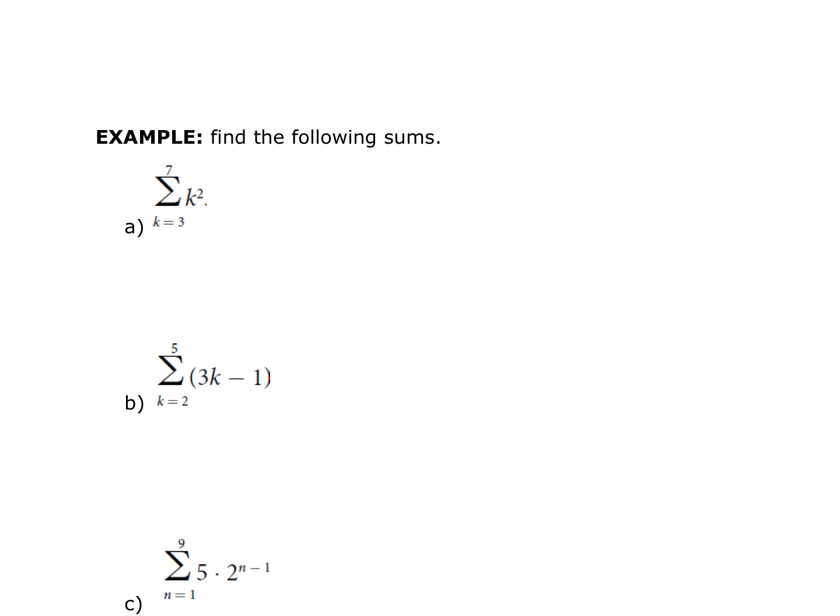So if I'm asked to find these sums, notice that my index starts at 3 and ends at 7. I can use the formulas up above. The formula I want to use is the summation of k equals 1 to 7 of k squared.